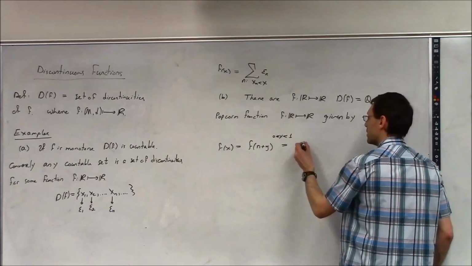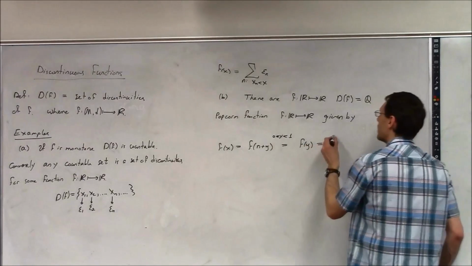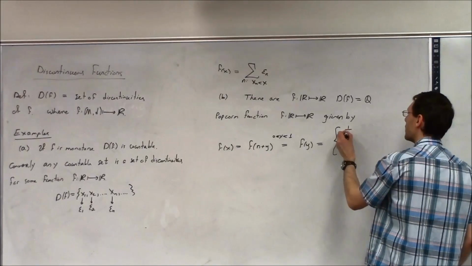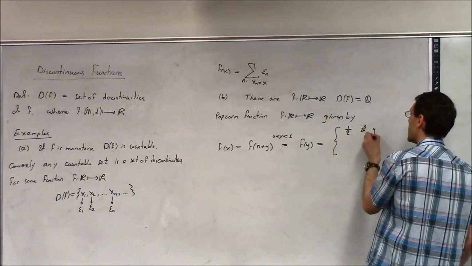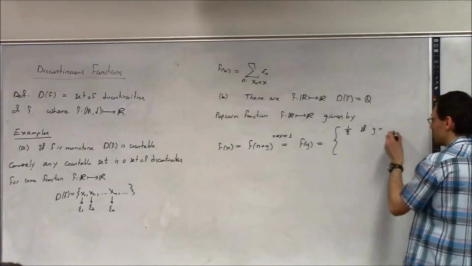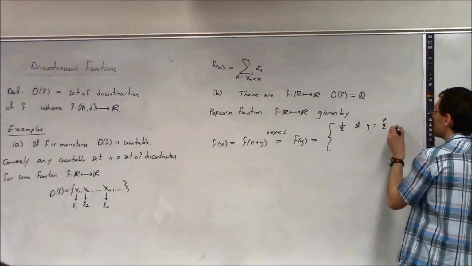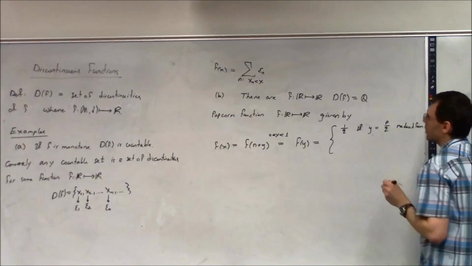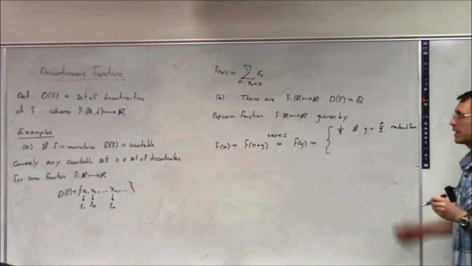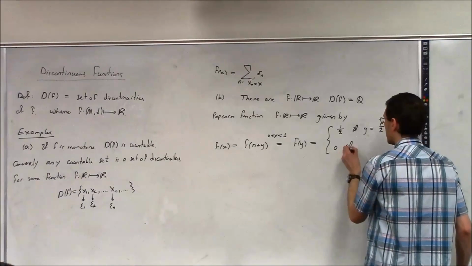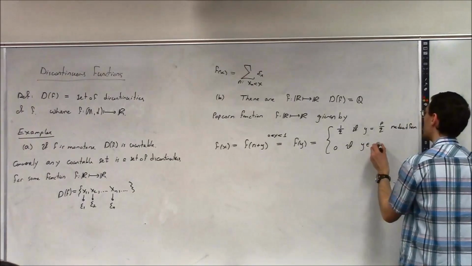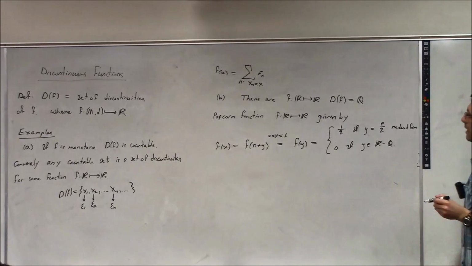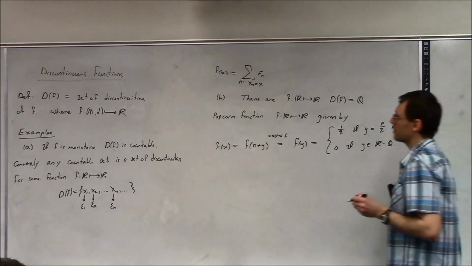And it will be then just the same as f(y), where f(y) is between 0 and 1, and it's defined to be 1 over q if y can be written in reduced form as p over q. Reduced form meaning that p and q are relatively prime integers. And otherwise it is 0 if y belongs to R minus Q. So if it's an irrational number, then the popcorn function gives 0.